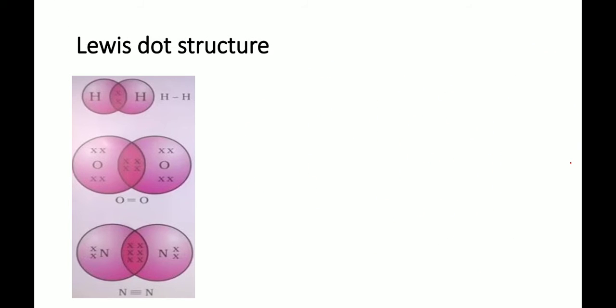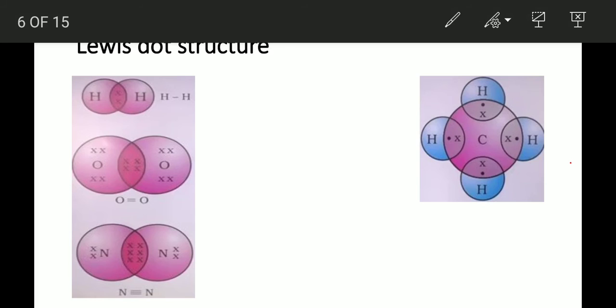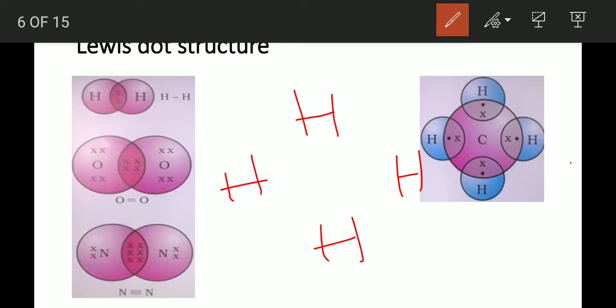Next, this is CH4. How is it formed? I will show you. Suppose there are 4 hydrogen atoms and 1 carbon atom. Carbon atom, in its last shell, contains 4 electrons. To become stable, it needs again 4 electrons. Hydrogen atom contains only 1 electron in its last shell.